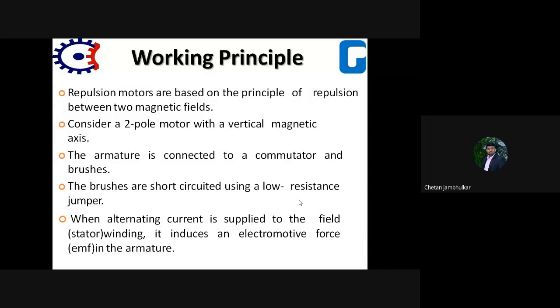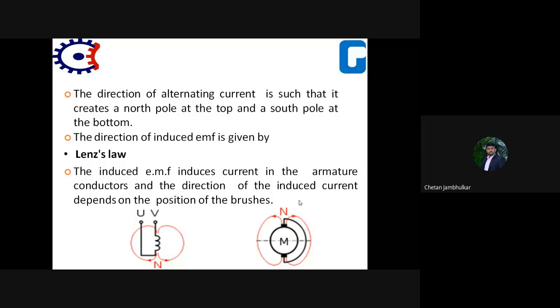With the help of this electromotive force, our rotor will rotate. The direction of the alternating current is such that it creates a north pole at the top and a south pole at the bottom.